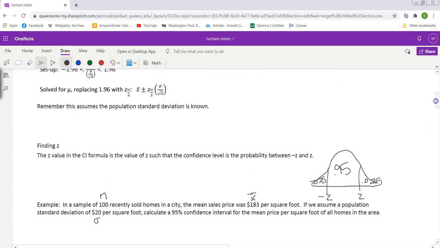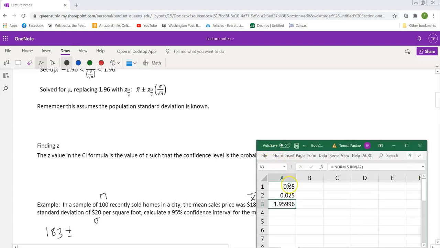So if we plug into this formula, x bar is 183. And that's going to be plus or minus the value of z, which we can get over here. If this were 99%, we'd put 0.99 there, and we'd use the value of z, 2.5758.